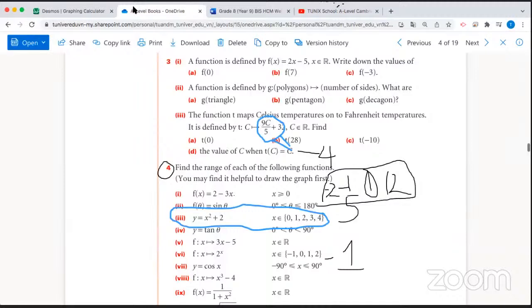And when y equals 0, x equals minus square root of 2. Y equals 0. 0, 1, 2.